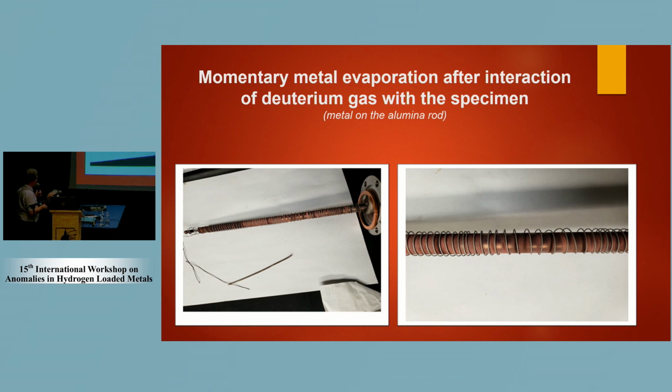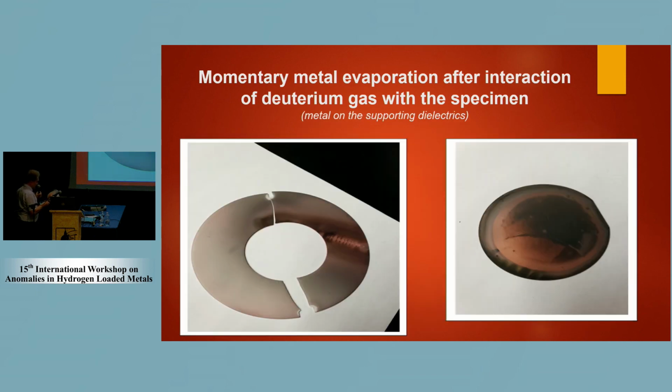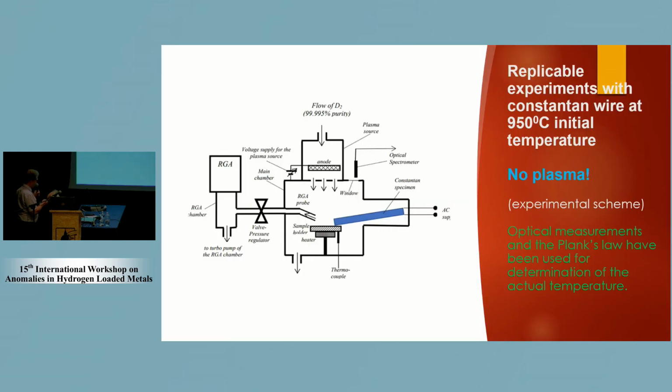So now, I'm going to return a little bit back. One end of the specimen rests on the sample holder. It rests on a system including an alumina disc and a sapphire wafer in the center of the disc.